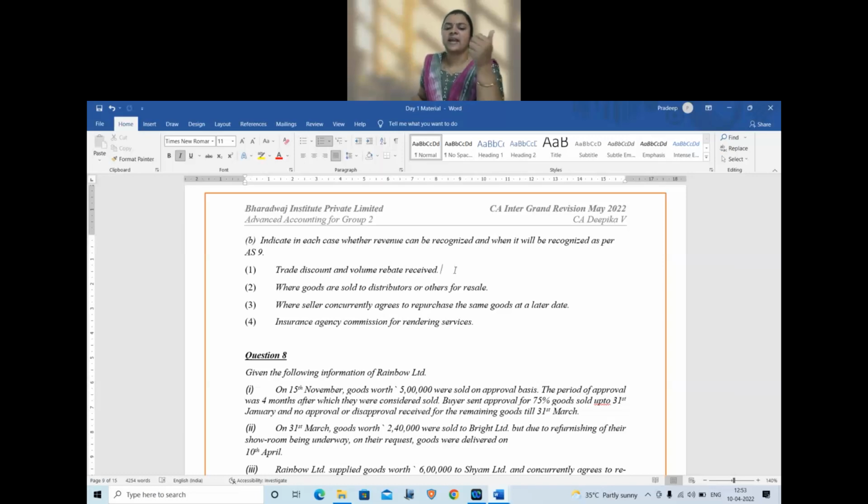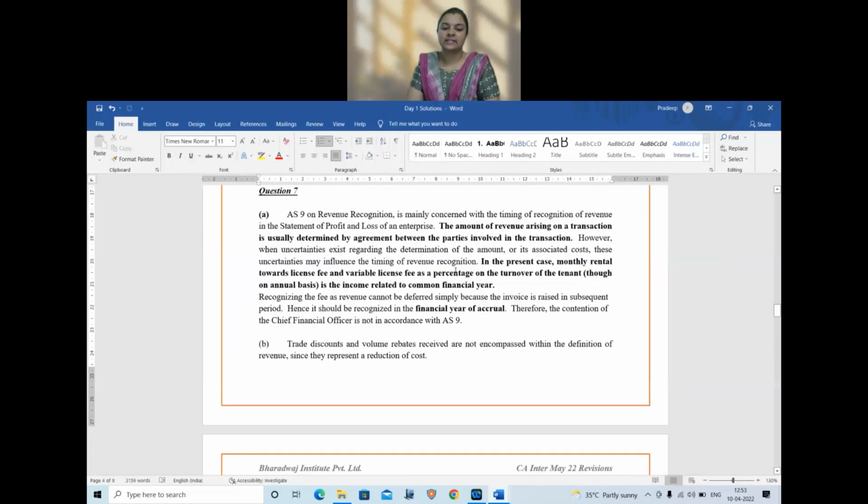First of all, does trade discount and bulk rebates enter into the books of accounts? In other words, when you enter the purchase, will you recognize the discount separately? No, it is already reduced in the cost of purchases, which means at the time of purchase itself, you are recognizing that revenue. Okay, so that is how you need to present the answer.